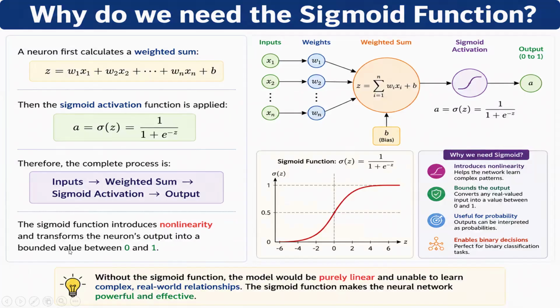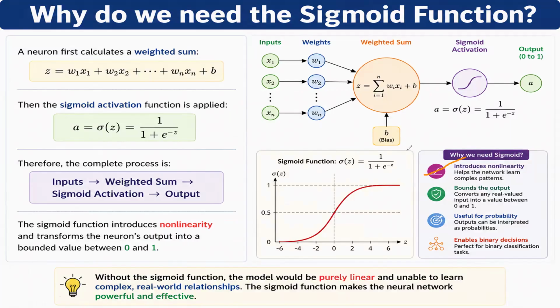So why do we need the sigmoid function? Why is it required? What is the need? So it introduces the non-linearity. Means in traditional function the output is either 0 or 1. If you take the example of step activation function, output is either 0 or 1.